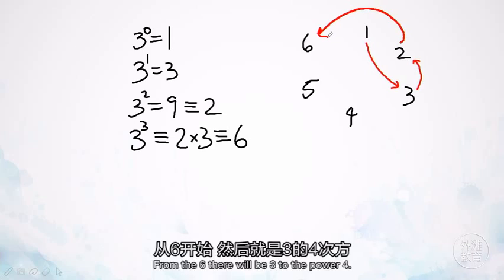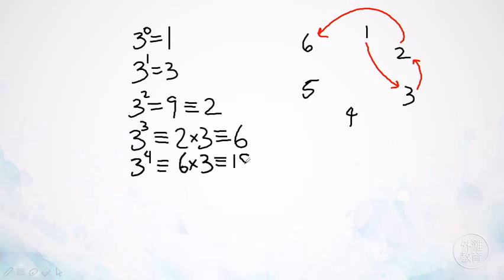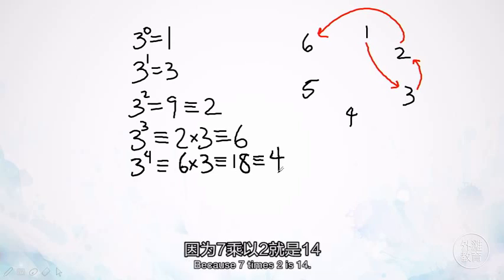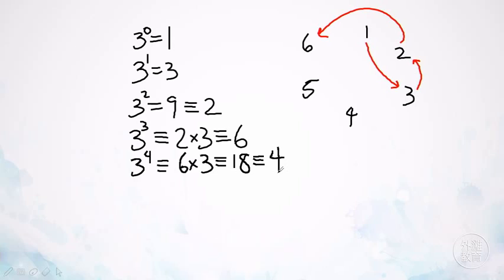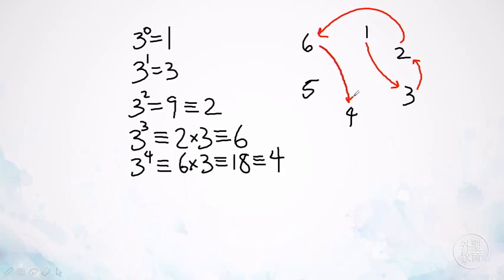From the 6, that would be 3 to the power 4. It will be congruent to 6 times 3, which is 18. But 18, when I divide by 7, is going to be 4, because 7 times 2 is 14, and the remainder is then 4. So I will then connect the 6 to the 4.